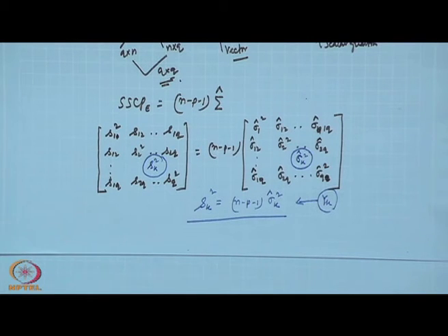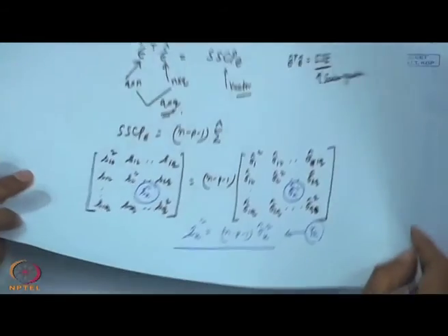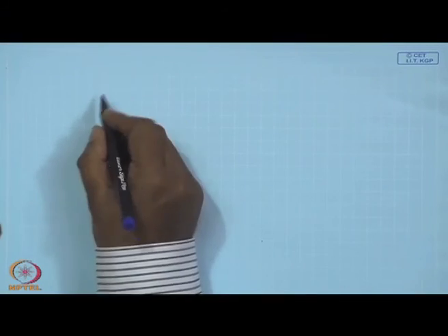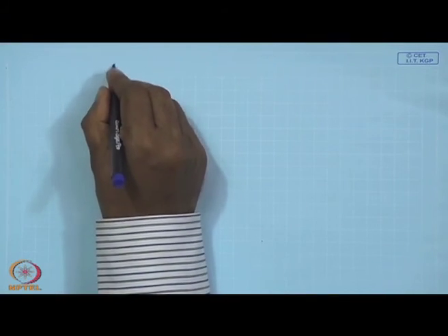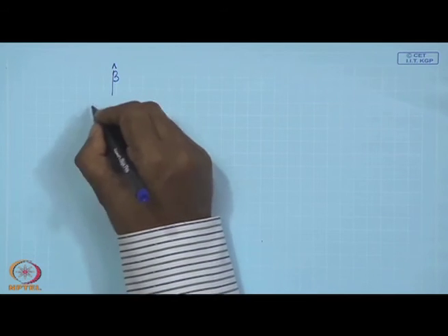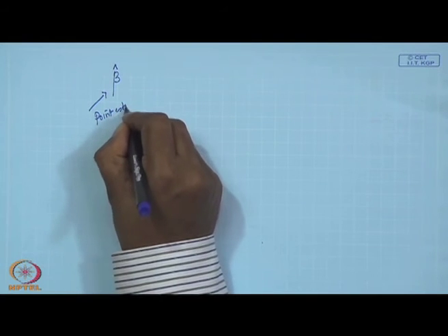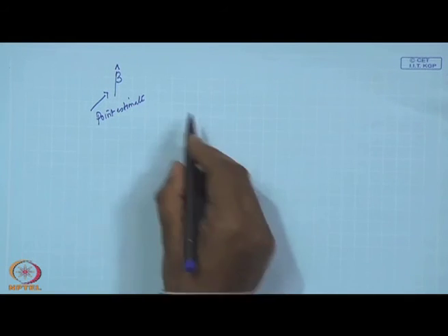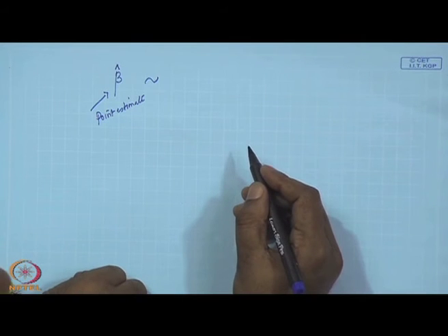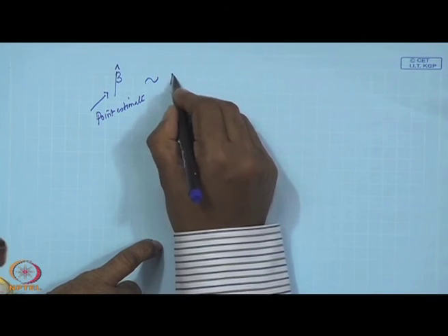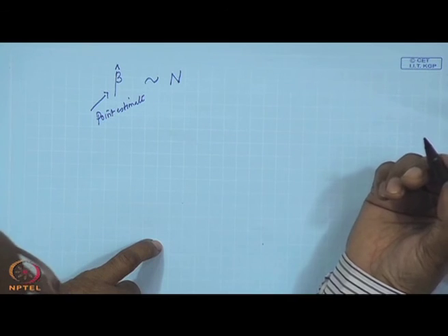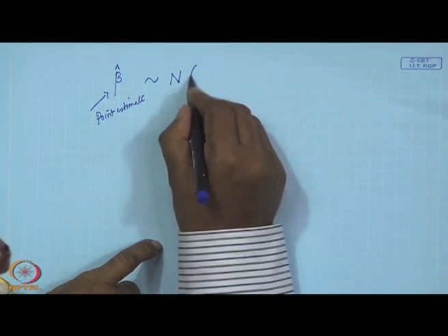Okay. Now, what do you require? You know what is given to you: that beta cap point estimate, this is my point estimate, it is known, and I know that this also follows a normal distribution.